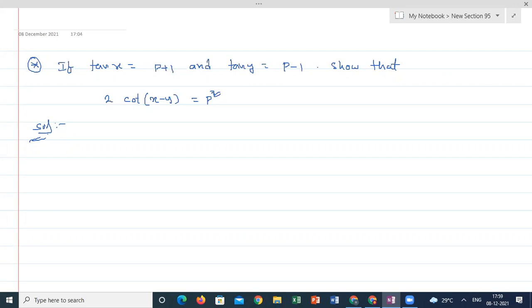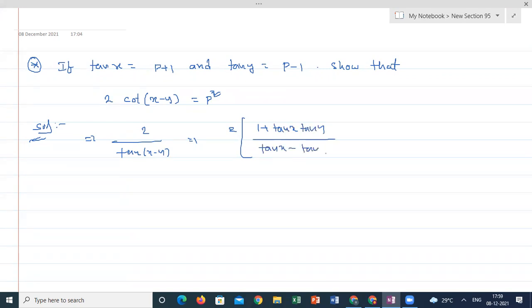Here also same way, if you are unable to get an idea, one option is convert into tan and do it. This will be 2 by tan of x minus y, expand it. This will be 2 into 1 plus tan x tan y divided by tan x minus tan y.